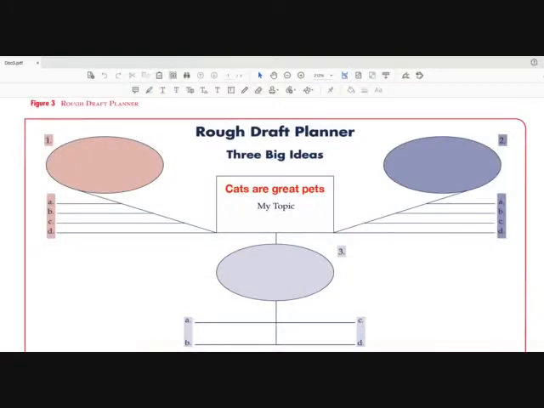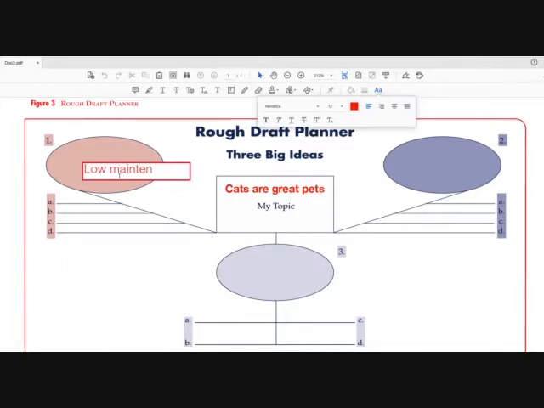So now that we have our 3 reasons why cats are great pets, we did our brainstorming, we categorized them, color-coded them. We're going to put them into the rough draft planner, and this is the genius of the thing. So if you recall, we're going to say cats are great pets because they are low maintenance.